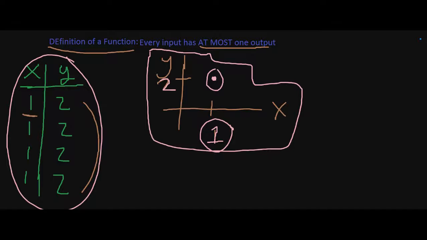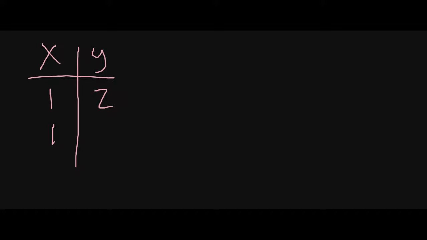So maybe to help clarify, let's scroll down and look at one that is not a function. Let's say we draw this table, the same example: 1, 2; 1, 4; and then 2, 2; 3, 2. Let's graph this.